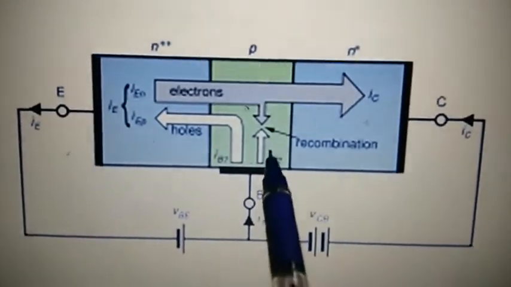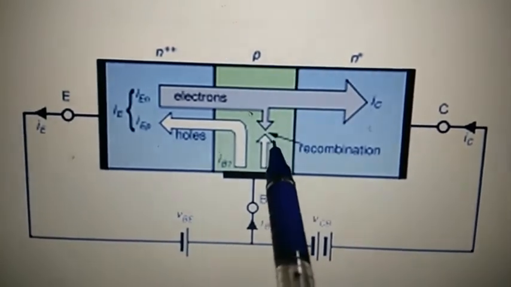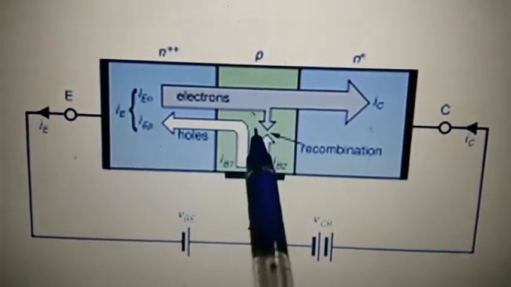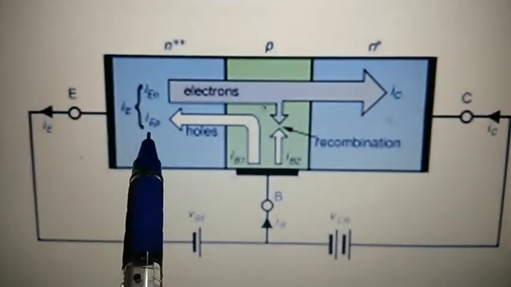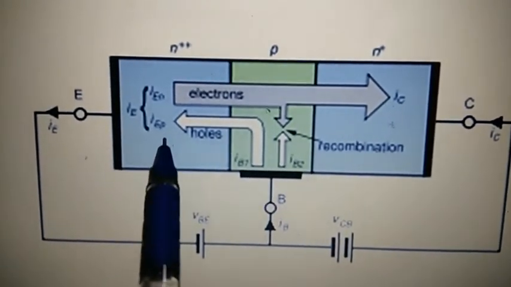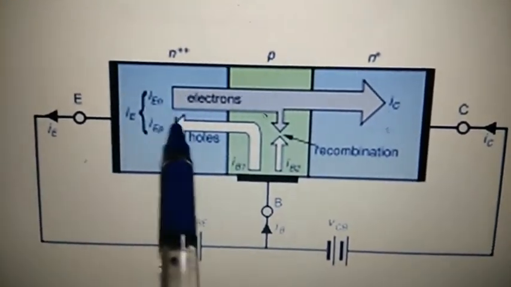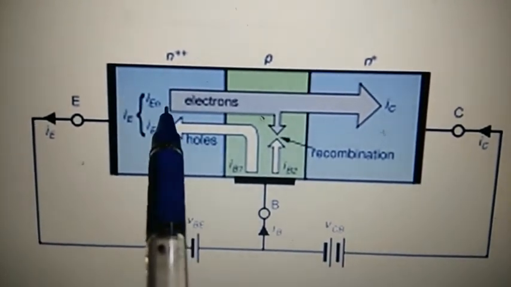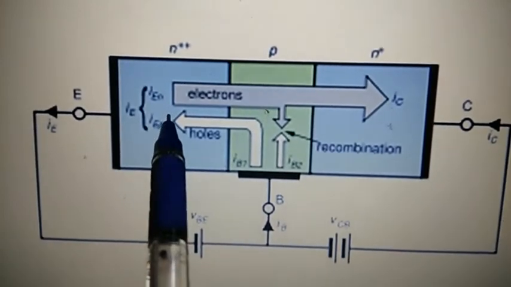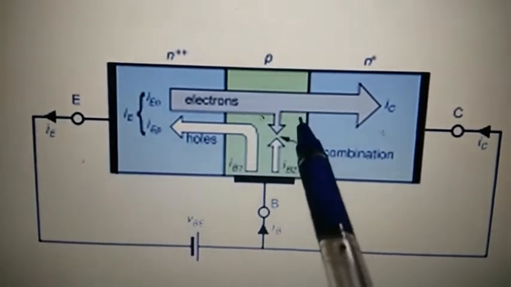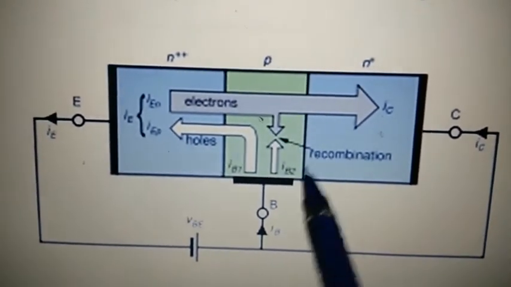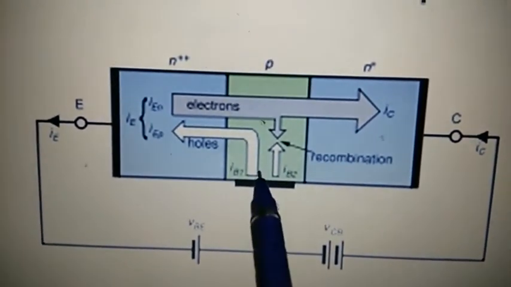This recombination will produce current, and the holes which are available will travel to the N-type emitter side. So current will be flowing from this emitter section to this P section, and this current flows in the opposite direction to the flow of the electrons.